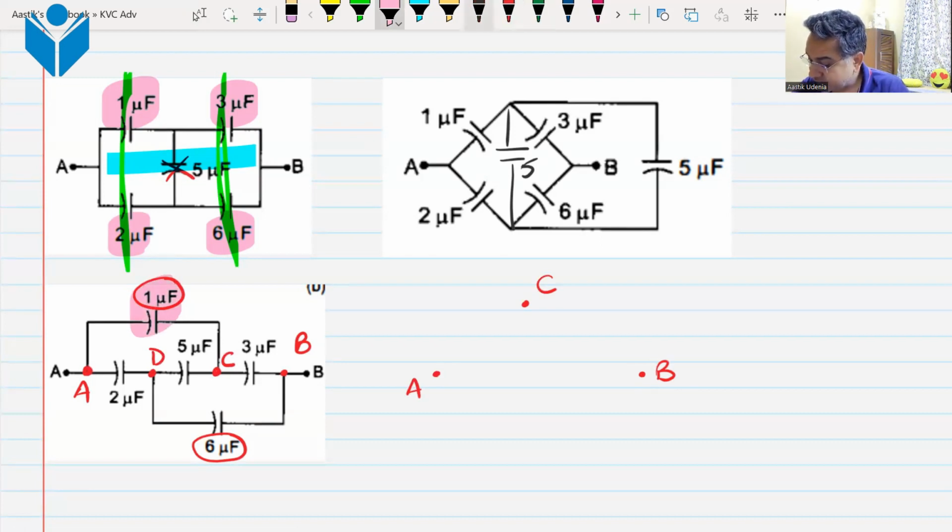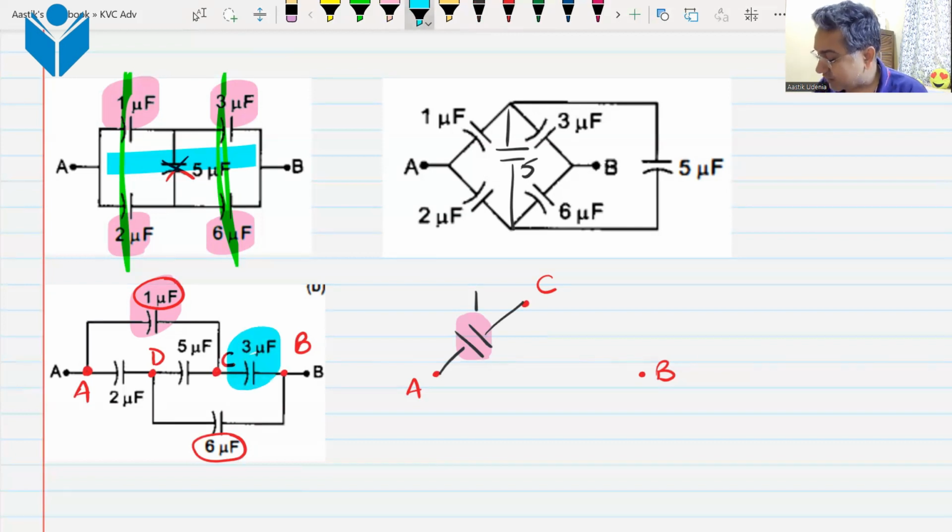So let me draw the capacitor of 1 microfarad over here. Then between C and B, there is a 3 microfarad capacitor. So I can put this 3 microfarad capacitor here. This is your blue capacitor.